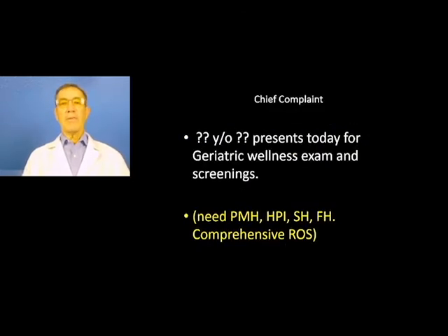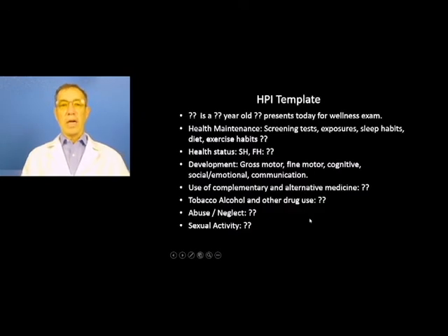So in documenting for the geriatric assessment, usually it's a 90-year-old male presents today for geriatric wellness evaluation and screening. This template would be going through as a 90-year-old, so Mr. Jones is a 90-year-old male, presents today for a wellness exam. And we'd go through all of the different screening tests that they may be going through.